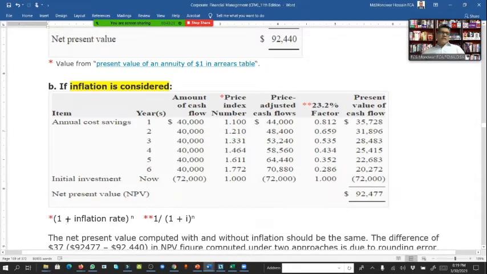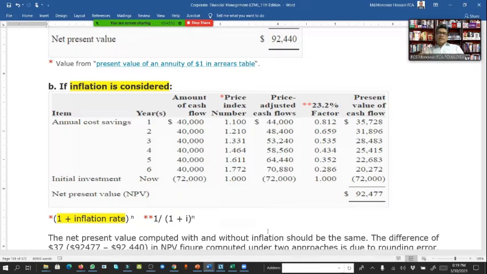So 1 plus the inflation rate of 10%, as given in the question, comes to 1.1 in year 1. In year 2, 1.1 and again impose 10%, it comes to 1.21.